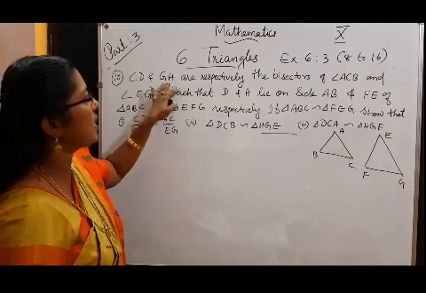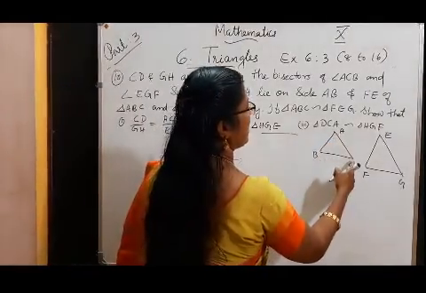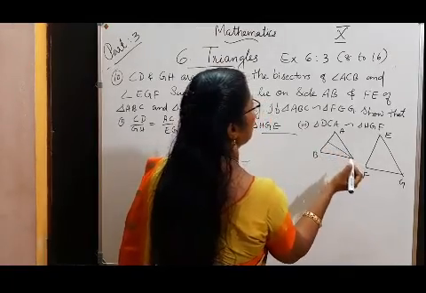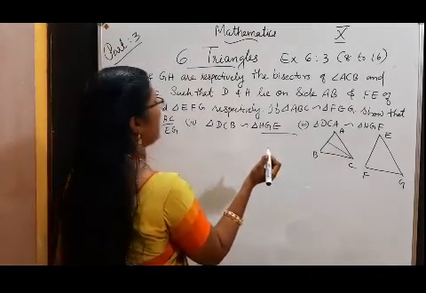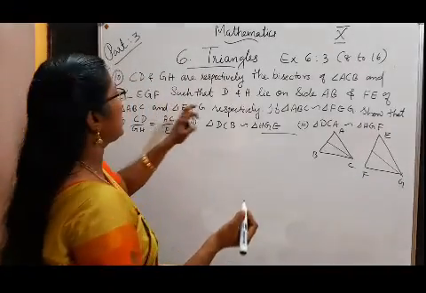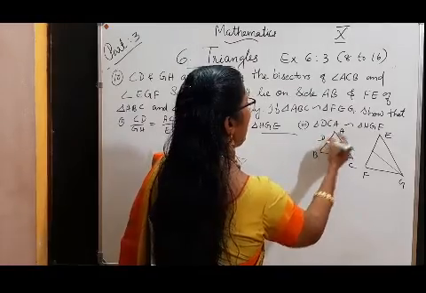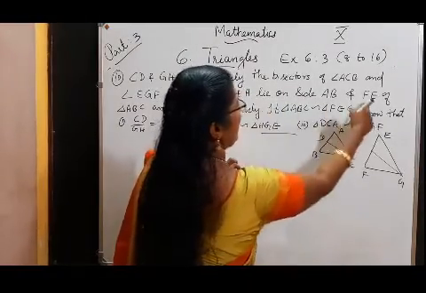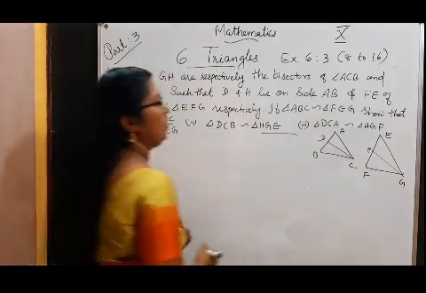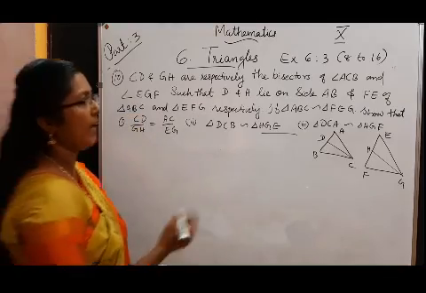CD and GH are respectively the bisectors of angle ACB, this is C, the bisector, and EGF, the bisectors, such that D and H lie on AB, D lies on AB, and H lies on EF. Okay. And what is given?